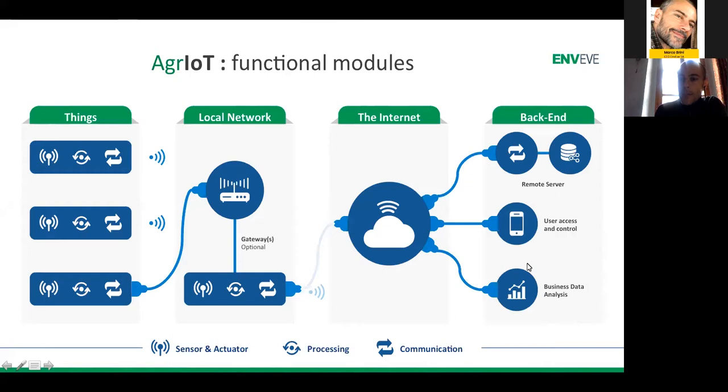And so these are the two ways to see it: business data analytics and user access and control. These are basically the tools, through your laptop or your smartphone, which are connected to the cloud. Basically, those are connected to a remote server. And the remote server takes care of the communication with the users and the communication with the field.